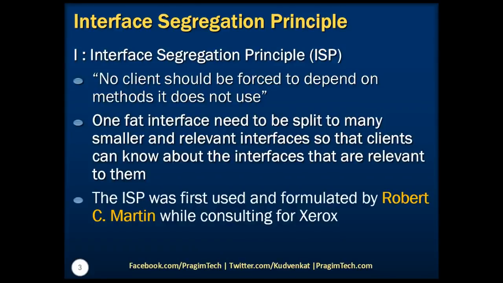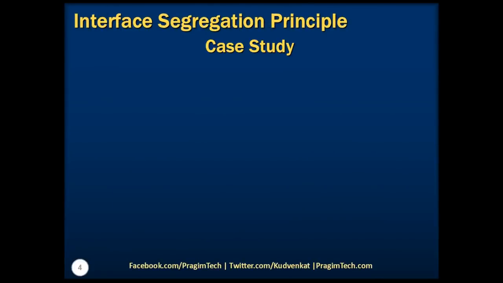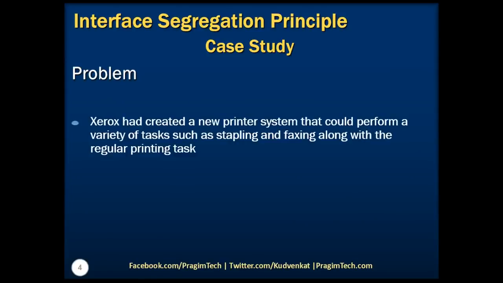Let us now understand how the Interface Segregation Principle evolved with a case study. As we all know, Xerox Corporation manufactures printer systems. In their development process of new systems, Xerox created a new printer system that could perform a variety of tasks such as stapling and faxing along with the regular printing task.